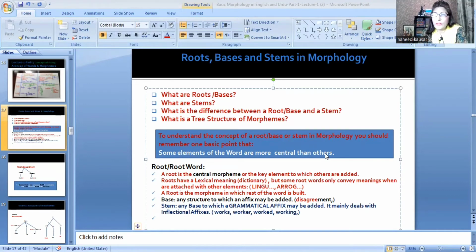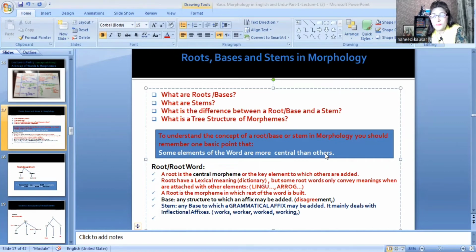Now we know that in a word there can be multiple morphemes which constitute that word.